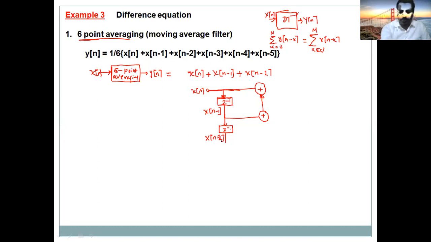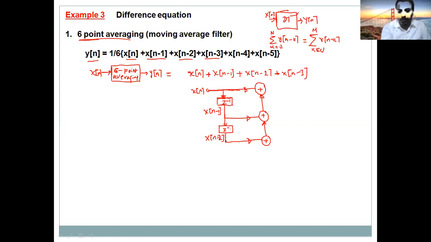It is a past input. This also must be added together. Look here in the equation. What is the output? Output is x of n plus x of n minus 1 plus x of n minus 2, then plus x of n minus 3.